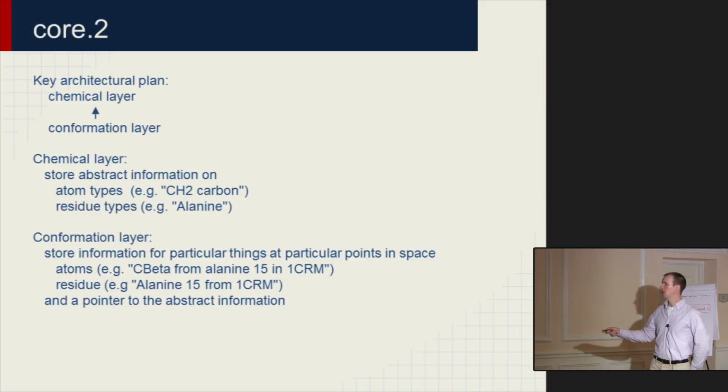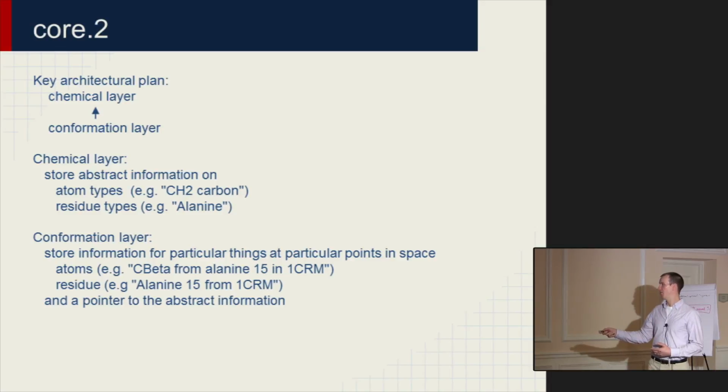So you would abstractly specify something like a CH2 carbon or an alanine residue type in the chemical layer. And then when you went to go and instantiate a particular C beta for some residue, or maybe an alanine at residue 15 of a particular pose, then that would live in the conformation layer.